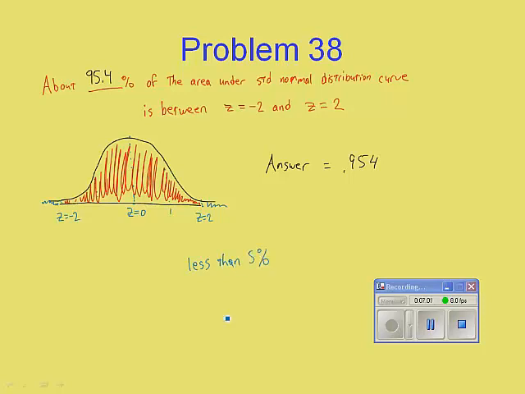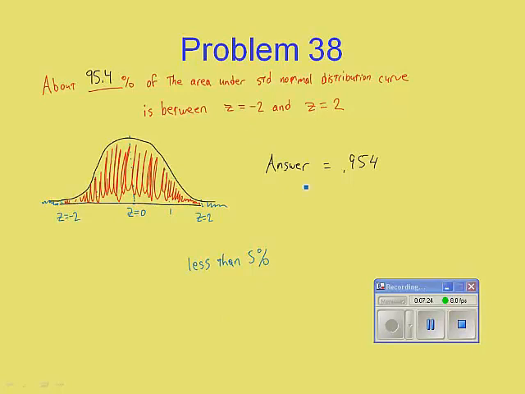And some of you have been asking me about, in the last chapter, why do they make a big deal about 5% being the rule for usual or unusual? Well, they couldn't explain it yet because they didn't cover this. But once you understand that what you're really doing when you do area under the curve is measuring a probability, right?